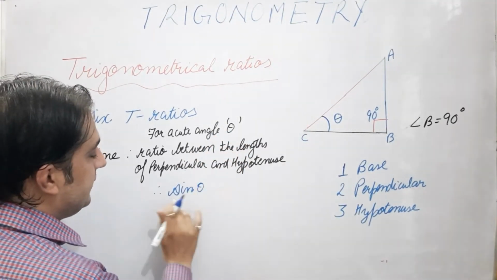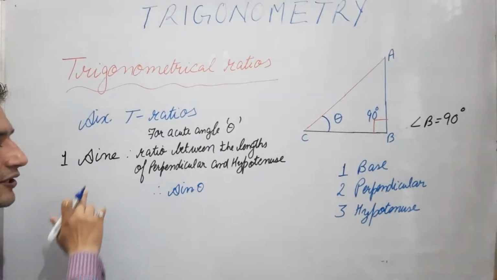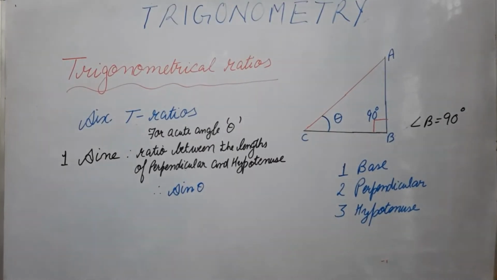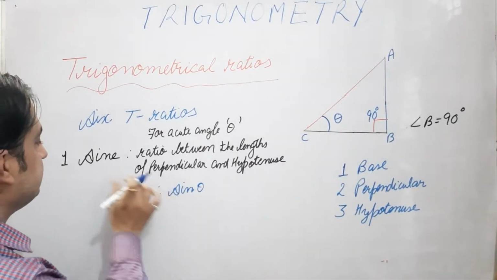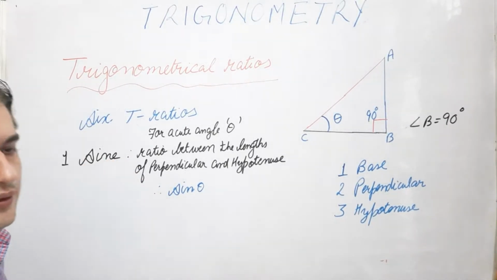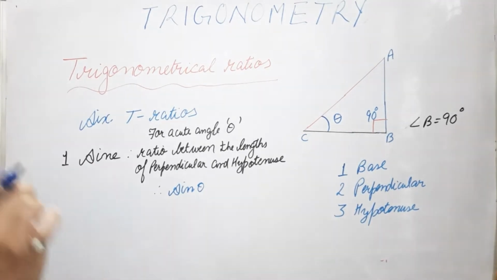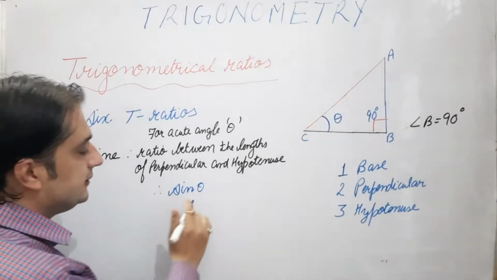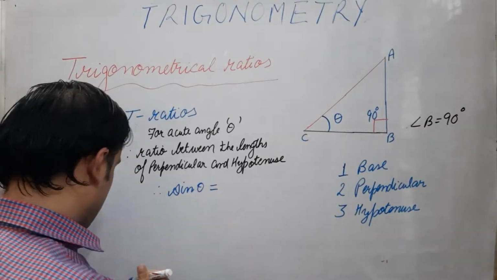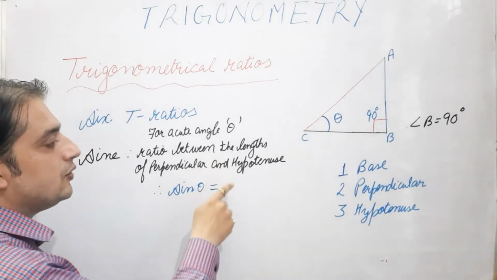So I write in short SIN for the first T ratio, sine. In short, we use the first three letters, right? So the sine theta is the ratio between the lengths of perpendicular and hypotenuse.